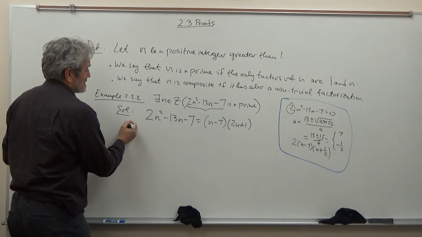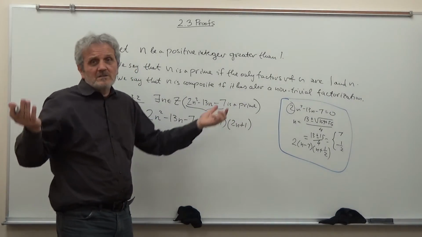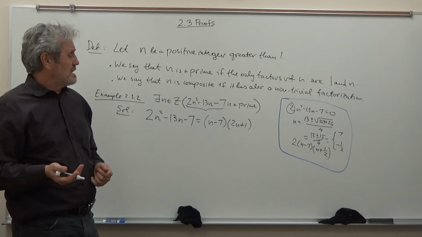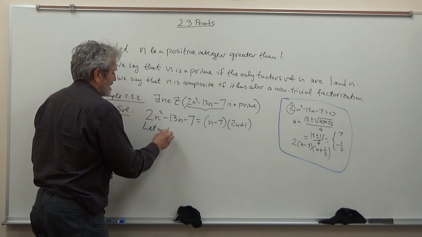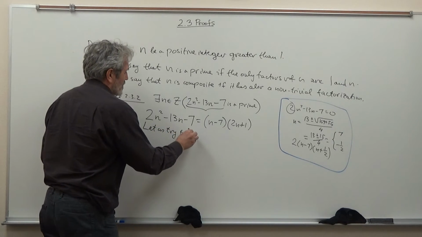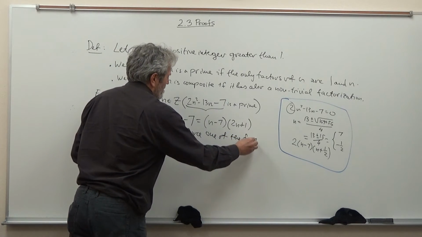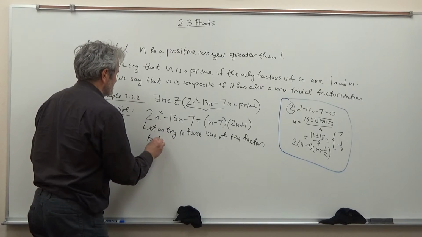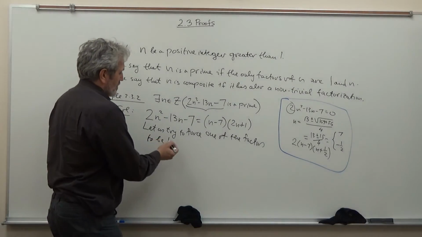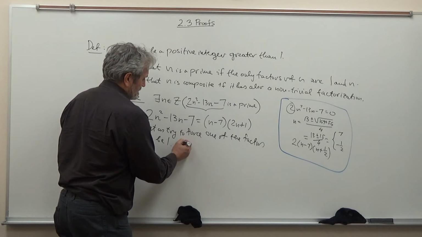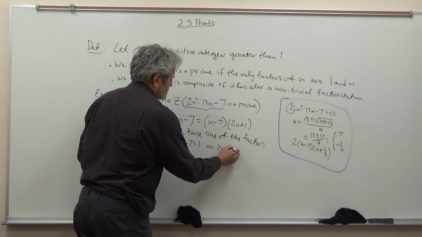If you don't force any of them to be 1, then here's your non-trivial factorization and your number is composite. So let us try to force one of the factors to be 1. So who could be 1? Either n minus 7 should be 1, or 2n plus 1 should be 1.